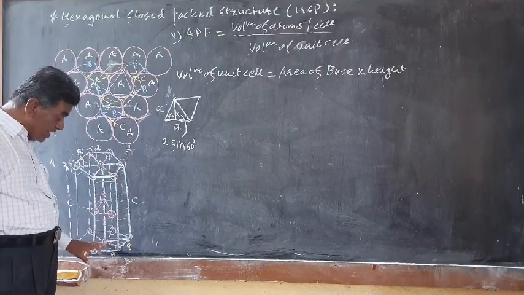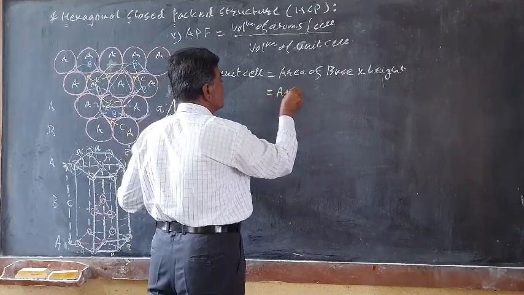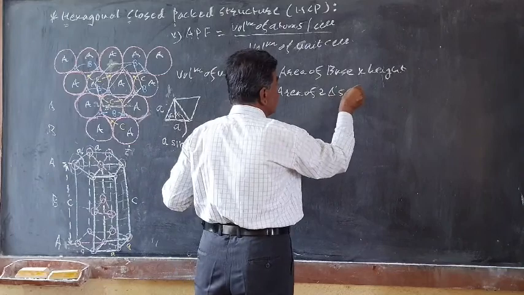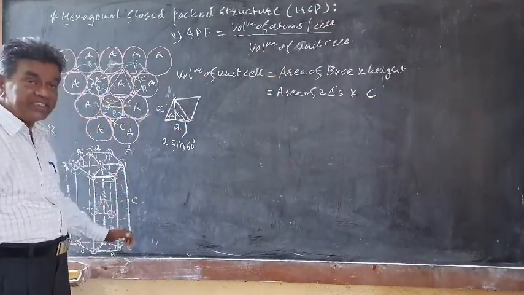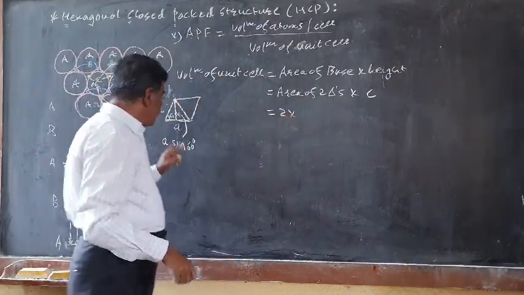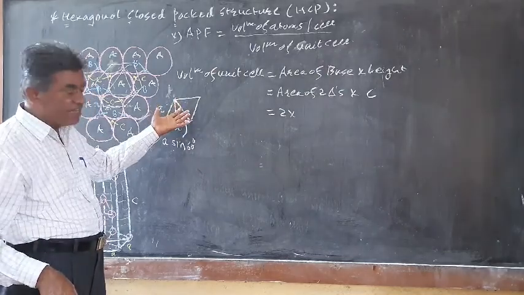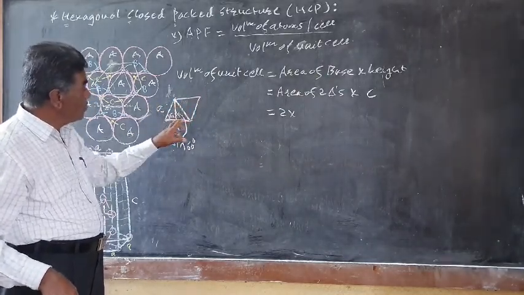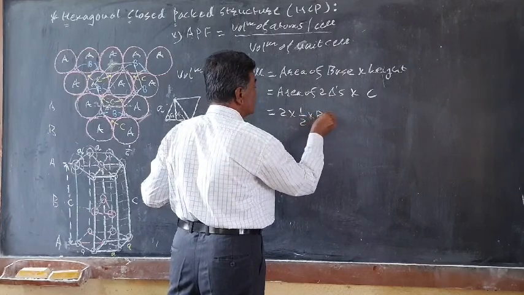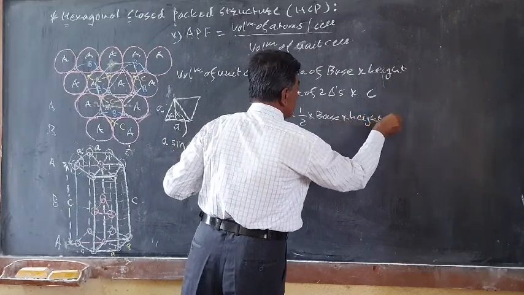This area is nothing but the area of two triangles, into the height, which is C. The area of two triangles means 2 into the area of one triangle, as these are identical. The area of one triangle is always half into base into height, and the height is along C as usual.